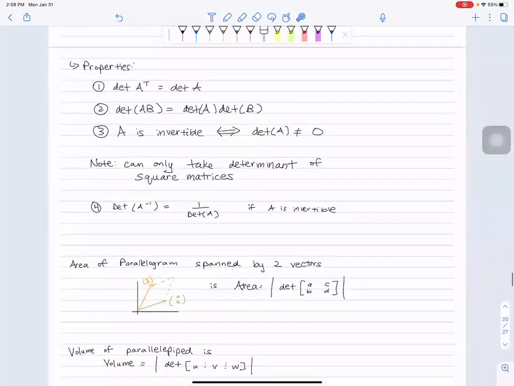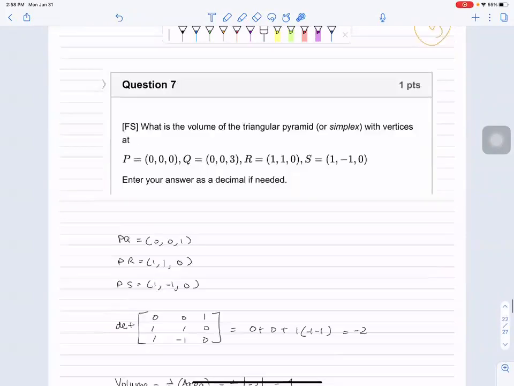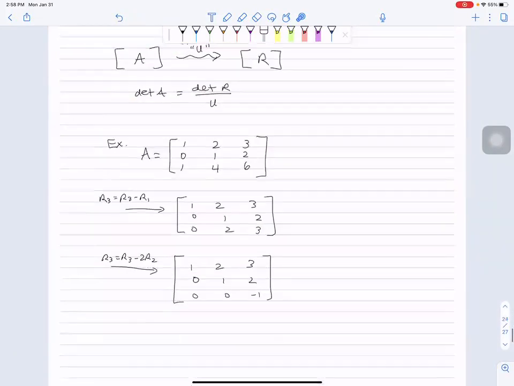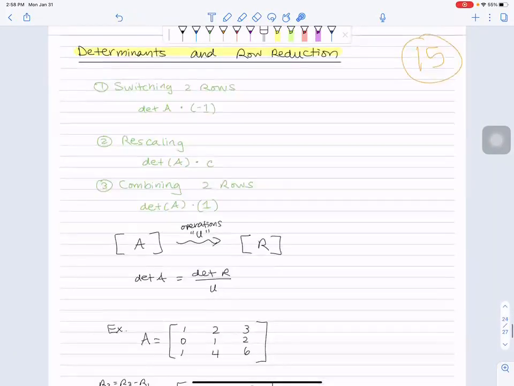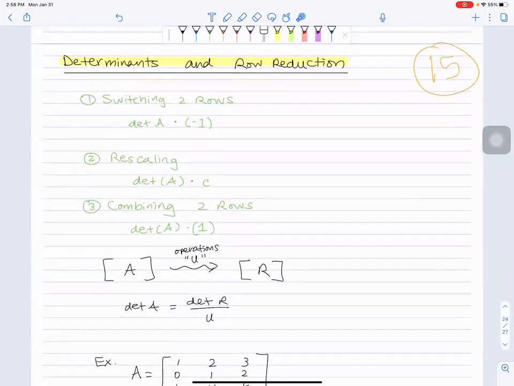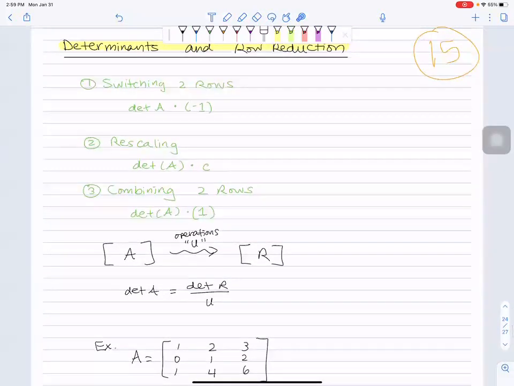Okay, and I listed some properties there for you guys, but let's do an example. Oh, wait, let me explain determinants and row reduction. So last week we learned all about row reduction, right? Row reduction is an easier way that we can find the determinant of some complicated matrix. We don't want to do all of the minor expansion. That's too much work, right?